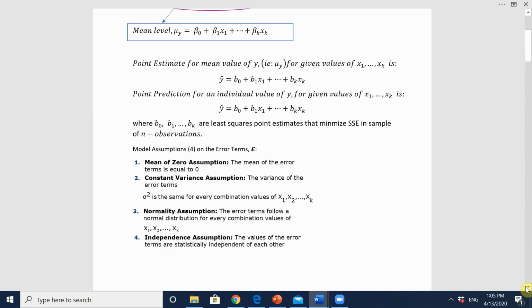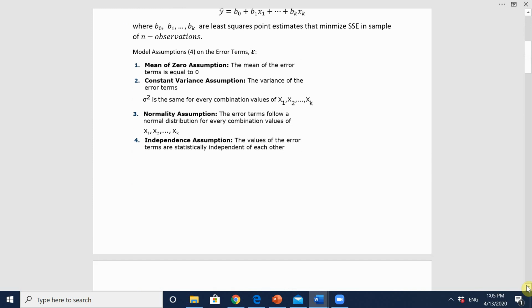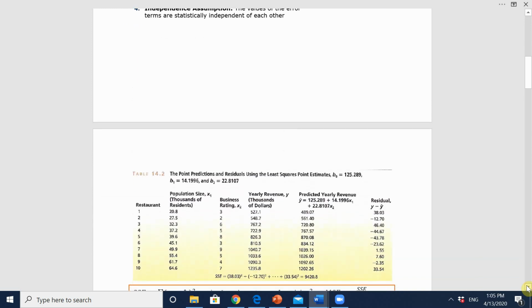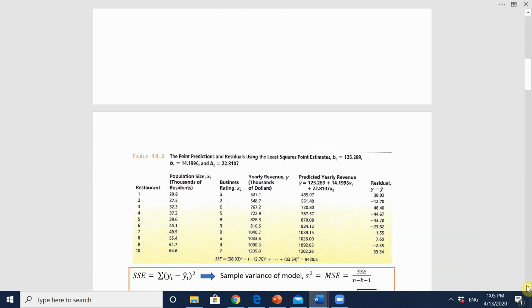Okay, so then we move on to look at the example that we had from simple linear regression. So we were looking at annual revenues. We took a random sample of 10 restaurants, and we got these annual revenues over here. And for that we got an x value.